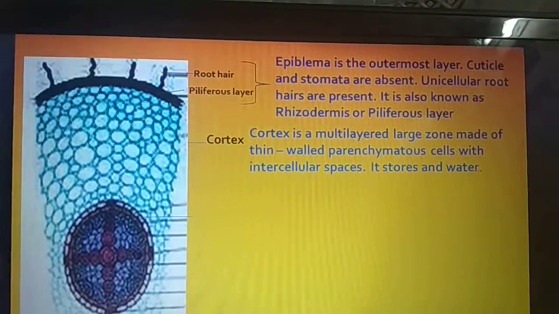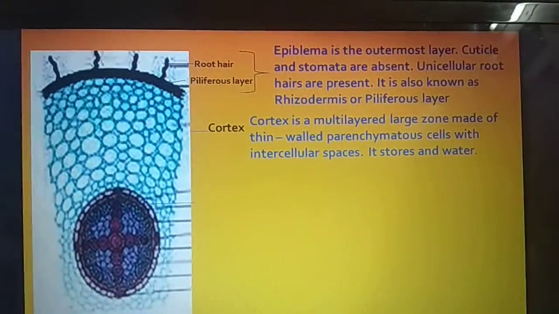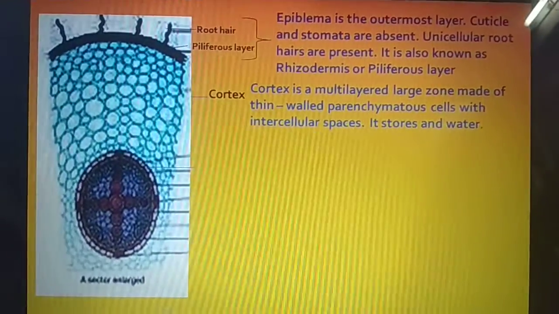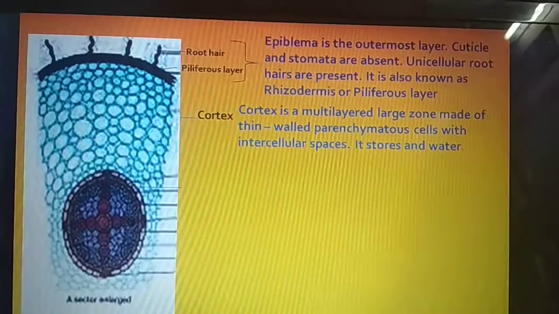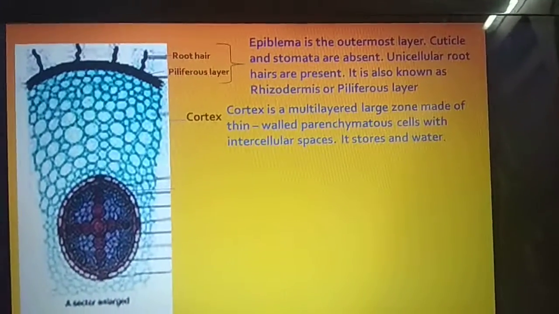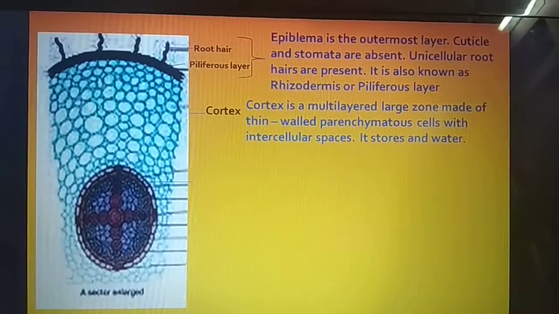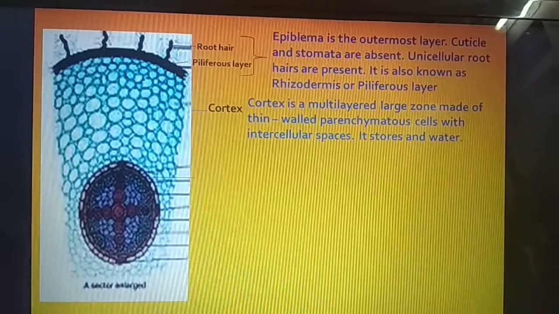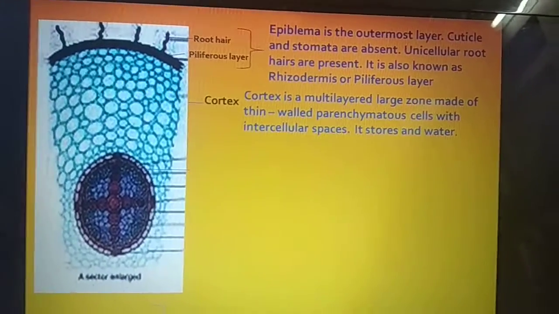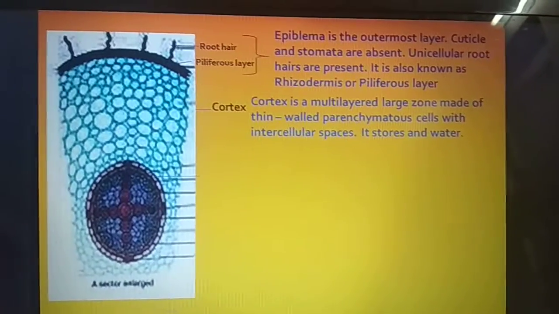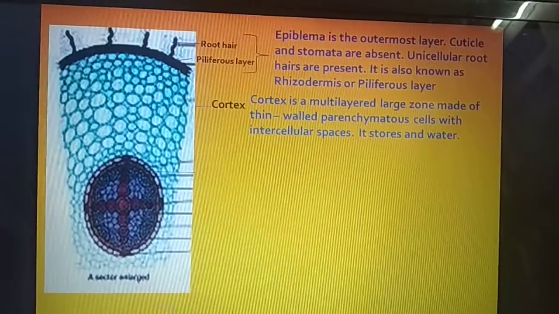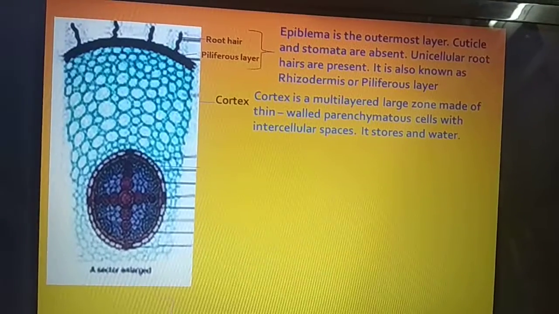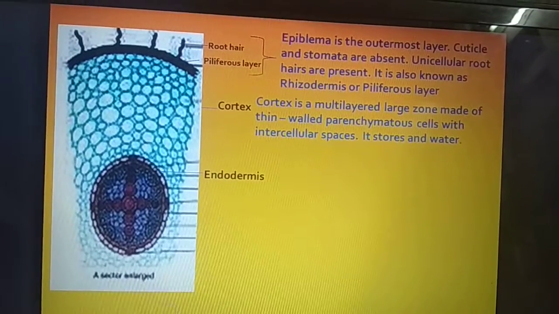Intercellular space means some space is present in between cells, in between 2 or 3 cells. That is called intercellular space. It stores water and food.